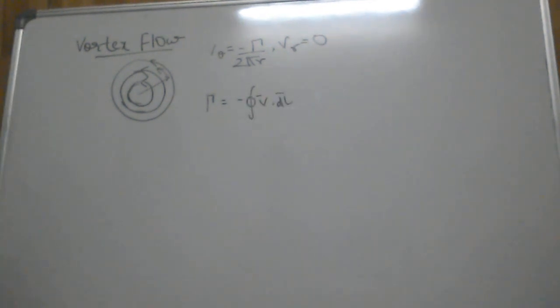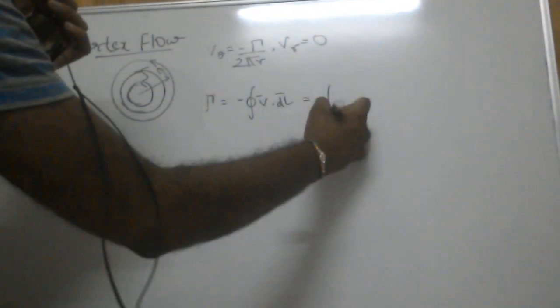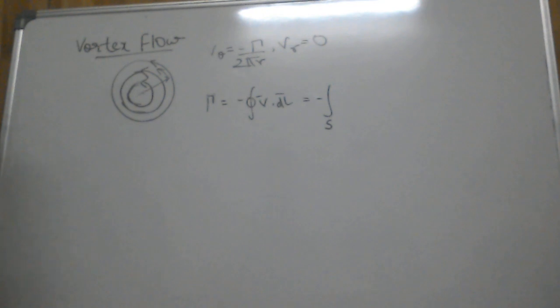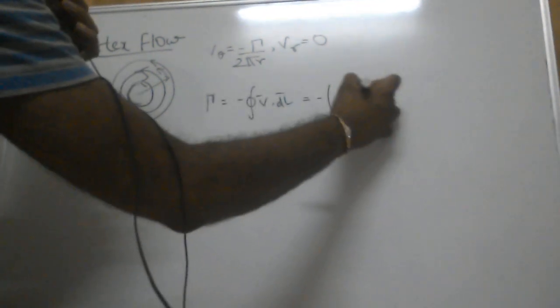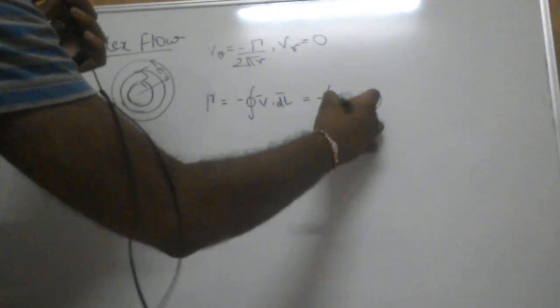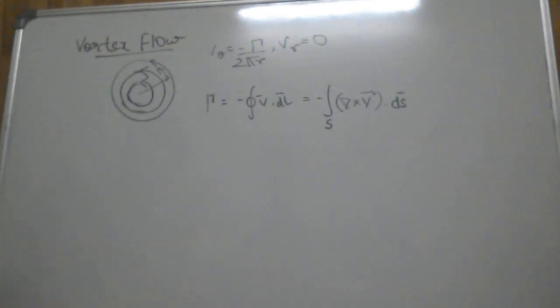And in mathematics we have a well-known theorem which is called the Stokes Theorem, which connects a line integral to a surface integral. So this will actually be equal to minus integral over the enclosed surface, an area integral of del cross v ds, right? Now del cross v is the curl of velocity, which is the measure of rotationality.